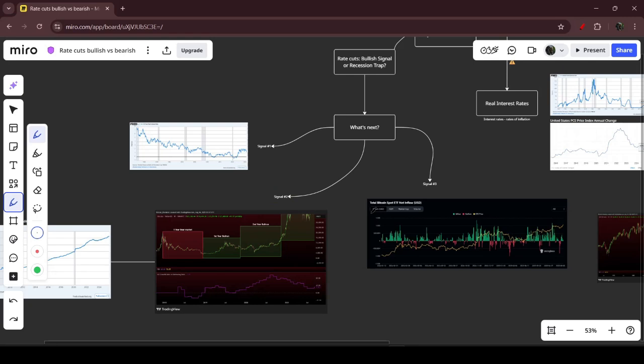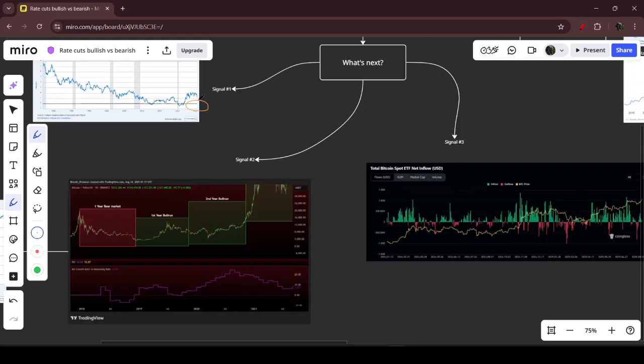But here's my take. Even though we are not below zero on the real interest rate, if we still have a lot of liquidity flowing into the market, it means that Bitcoin price will still spike. However, the trick comes in how many rate cuts we are going to get before starting to go bearish. Because yes, on the first rate cut, I believe the price will go up.